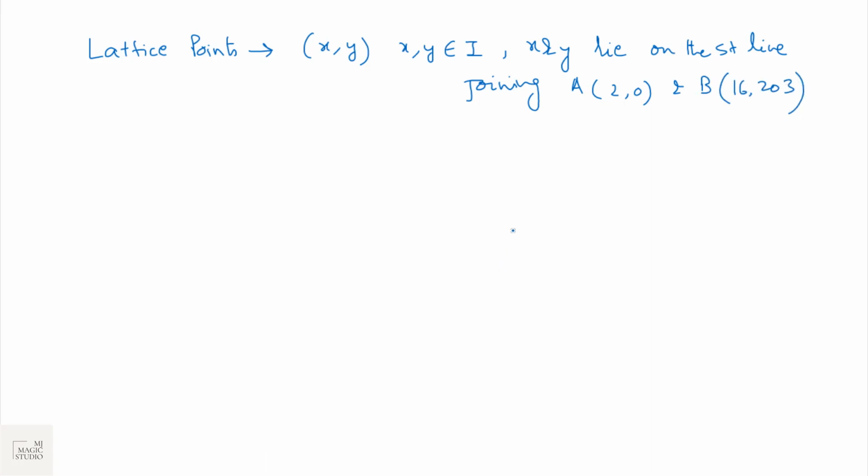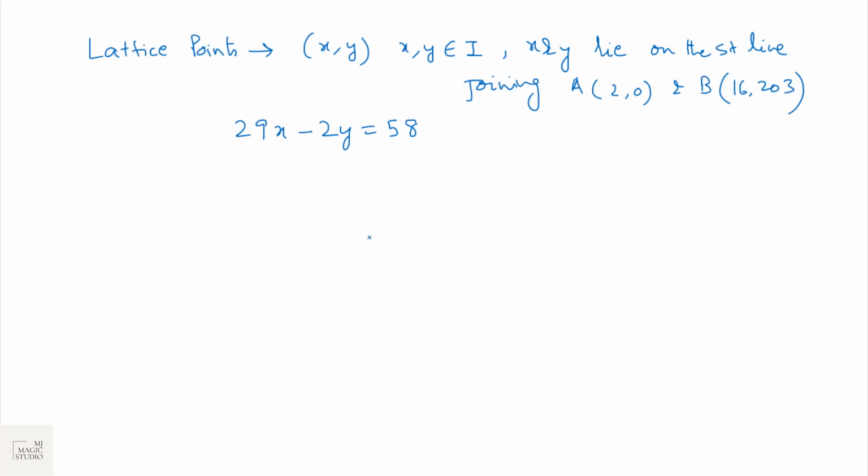Those are known as lattice points. Lattice points are integral solutions of x and y, given by the equation of line AB, that is 29x minus 2y equals 58.